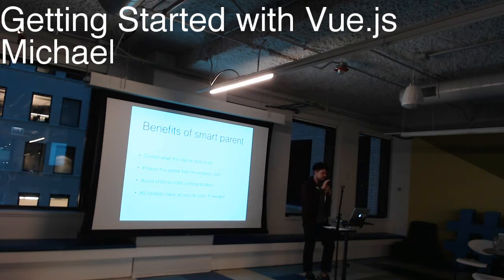Those were all children of the parent, but none of them really needed to communicate with one another because all the real data that we needed, the parent had. It controlled it, so the child could require that data as props, relay it back down to other children if they require that information, and then send events back up to the parent.